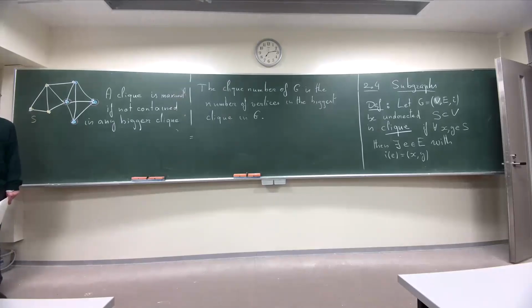By the way, the clique number is clearly unique. For any graph, you have only one maximal number.